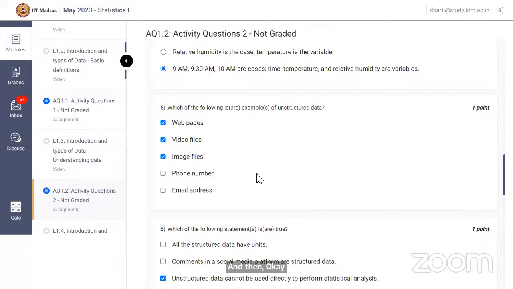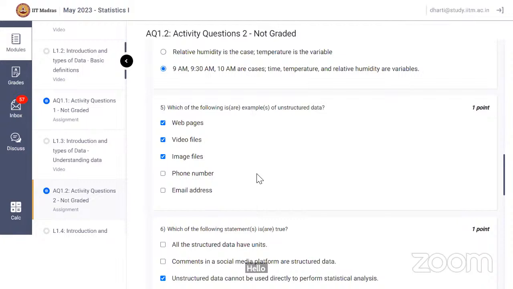Ma'am, why is this image file unstructured then? Image files also have certain file numbers and alphabets, no, ma'am? JPG and PNG are both image files, right?